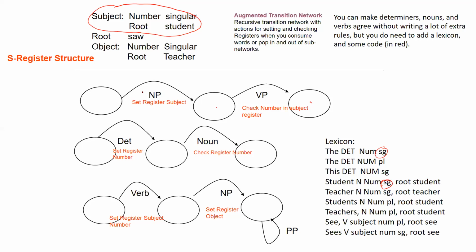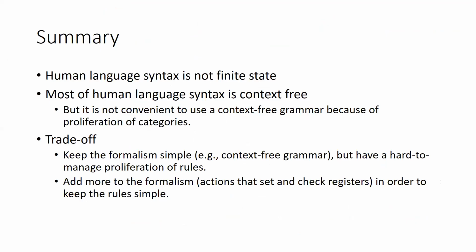So nobody wants to say anything. Let me ask some questions. Does it seem worth the trade-off? What about on this slide, what it says about trade-off? If you keep the formalism simple, that is, you just keep it to a context-free grammar, you get a proliferation of rules and categories that's hard to manage.